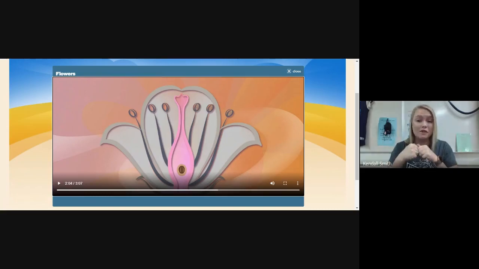When they come together for fertilization, it makes a diploid seed. So in flowers, the male gamete is the pollen, and the female gamete is the ovules. Pollination is that process of bringing them together, and fertilization is whenever it reaches the ovary. So pollen reaches the stigma, goes down into the ovary, and then the pollen fertilizes the ovules to make the zygote.